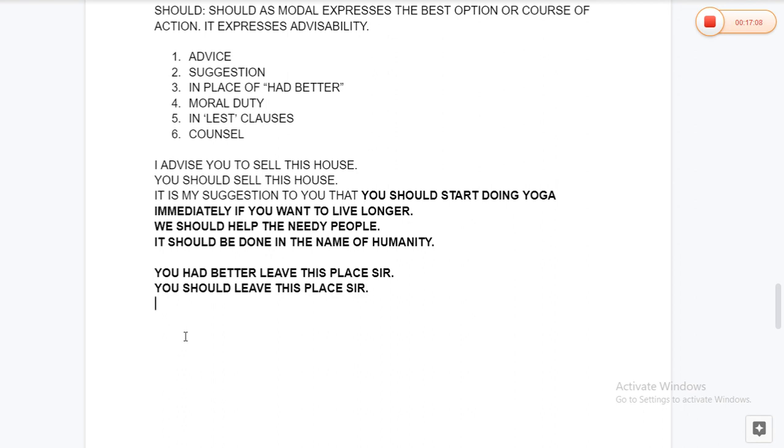Or let me take another pronoun here. She had better follow our advice. She should follow our advice. Is had better clear or not? Had better means advisability, such as a recommended course of action.